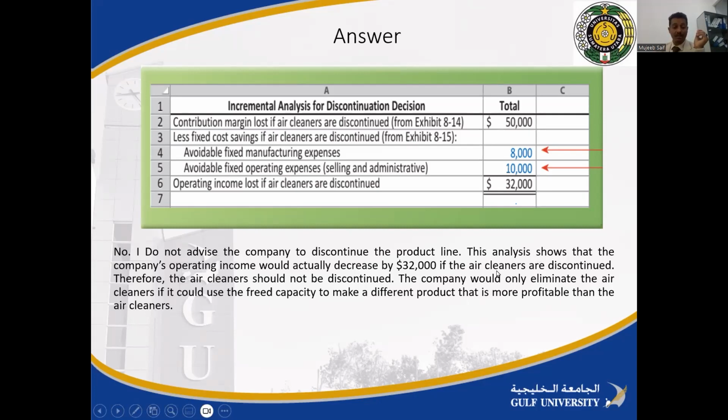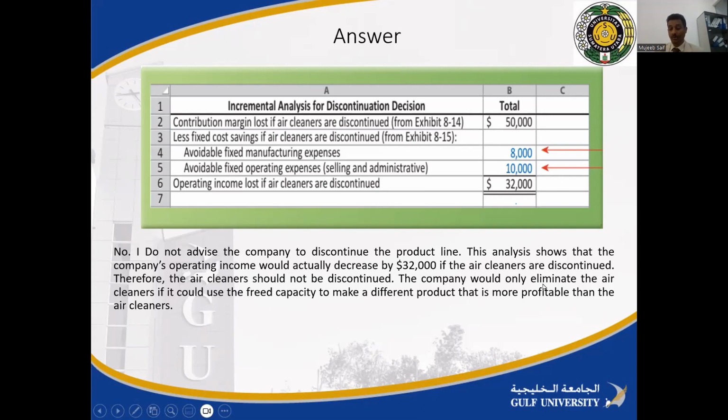This analysis showed that the company's operating income would actually decrease by 32,000 if we lost this line. Therefore, air cleaners should not be discontinued, should not be closed, should not be stopped.